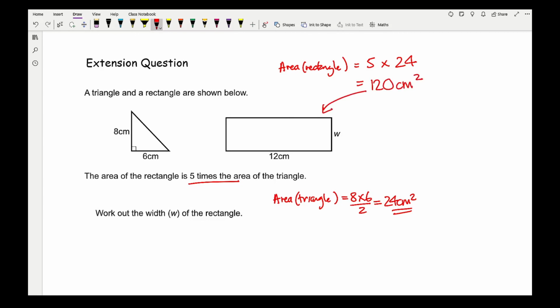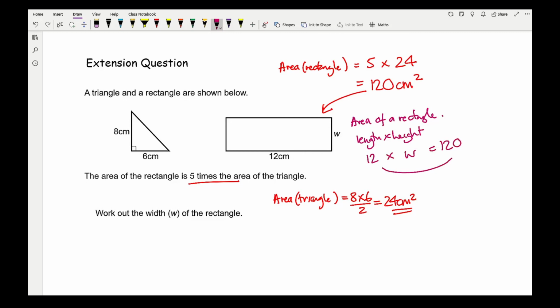So the next thing I need to work out is, how do you work out the area of a rectangle? The area of a rectangle is the length times the height, or base times the height, whichever you want to call it. So it's going to be the length, which is 12, times the height, which is W, equals 120.